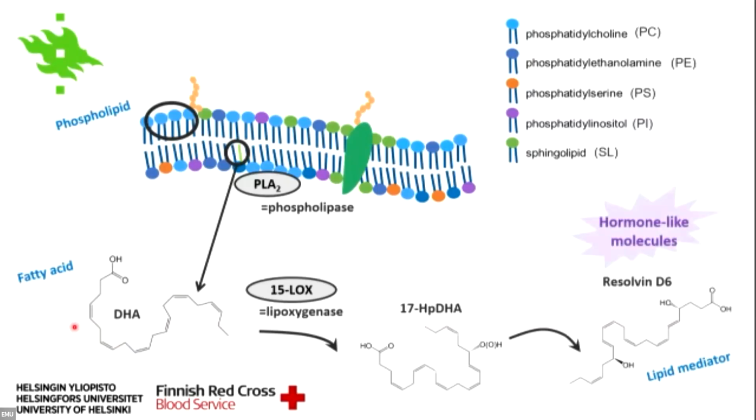These lipid mediators are hormone-like molecules that typically have effects on the cell of their origin or the neighboring cells. Prostaglandins, for example, are also part of these lipid mediators.